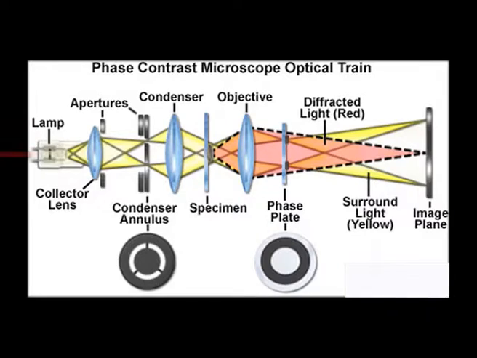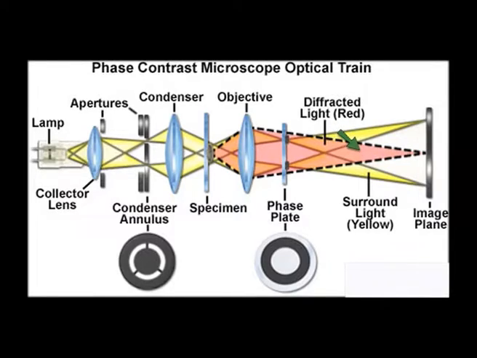Now another important concept in phase contrast microscope is the light traversing through it. As the incident light traverses through the condenser lens and then through the object, it is broken up into 2 fragments. One gets deviated due to interaction with the specimen or the object. This is known as the diffracted ray or D ray, and another passes undeviated, which is known as the surround ray or the S ray.